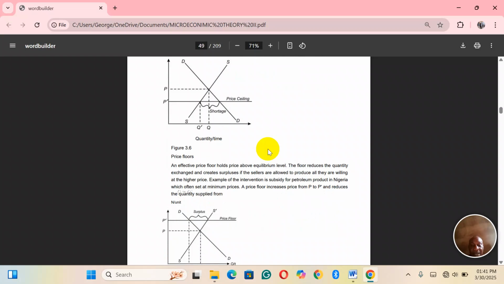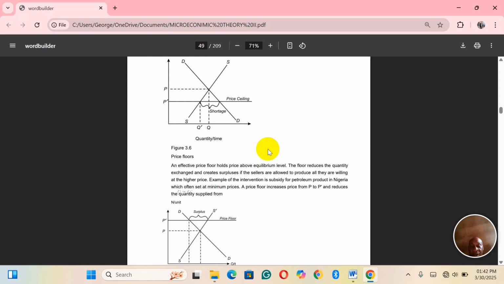If the sellers are allowed to produce all they are willing to at the higher price, the exchange also changes. An example of the intervention is the subsidy for petroleum products in Nigeria, which often are set at a minimum price.